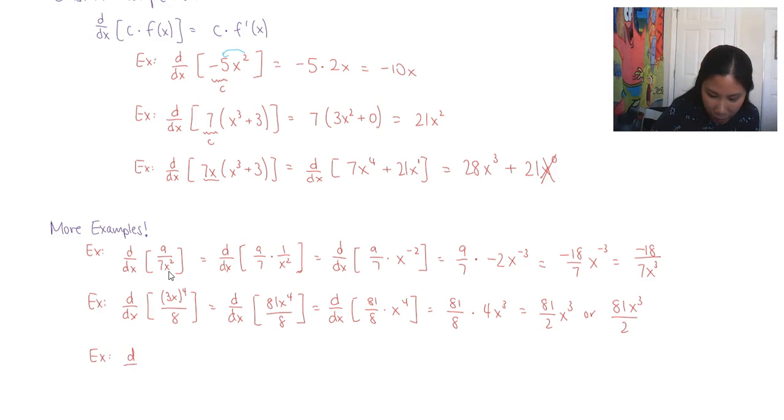Okay, another one that I want to do is if we had the square root of x plus 3x squared. So just keep in mind, our radicals can be written as exponents because a square root is the same as saying x to the 1/2 power.